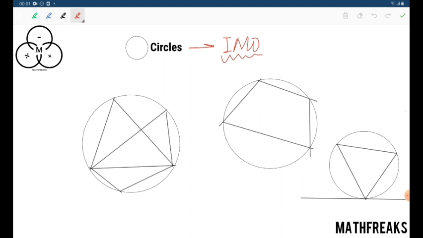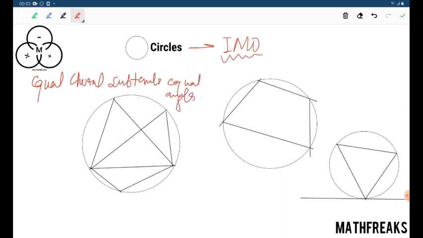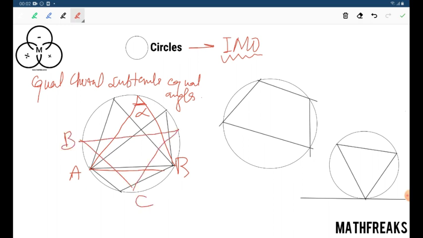Equal chords subtend equal angles on the same segment. This is one point. What do you mean by subtends equal angle? This is a chord, say AB. At any point on the circle, it is subtending an angle, say alpha. Then another chord, say BC, is also subtending an angle on the same segment, same side.